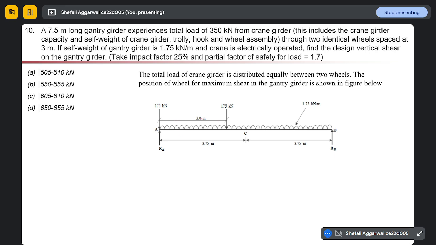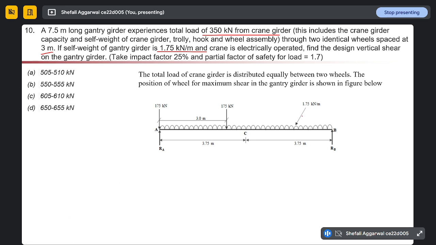So two wheels at 3 meters spacing, and the load on the crane is 350 kilonewton, which will be equally distributed among two wheels, 175 and 175. Then what is given to us? Total length of our gantry girder 7.5 meter and UDL of 1.75 kilonewton per meter. I hope this diagram is clear to you.